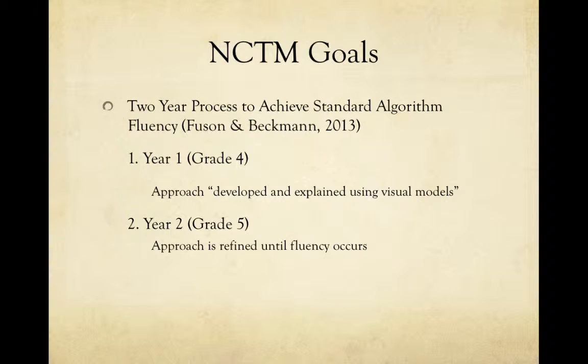In the 4th grade, they are introduced to the concept of multi-digit multiplication. Visual models are critical during this first year. In the 5th grade, the explanations of multiplication should deepen to refine students' understanding. I think this is key to treat multiplication instruction as a long-term process rather than a unit in a textbook.